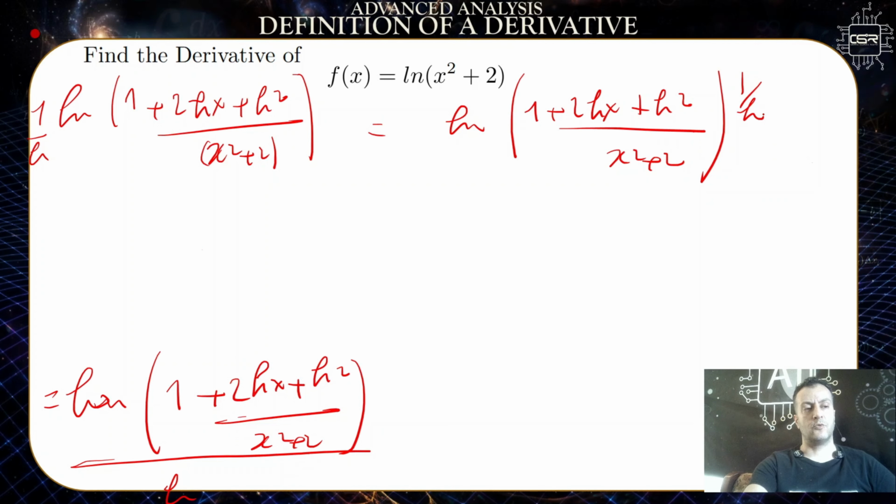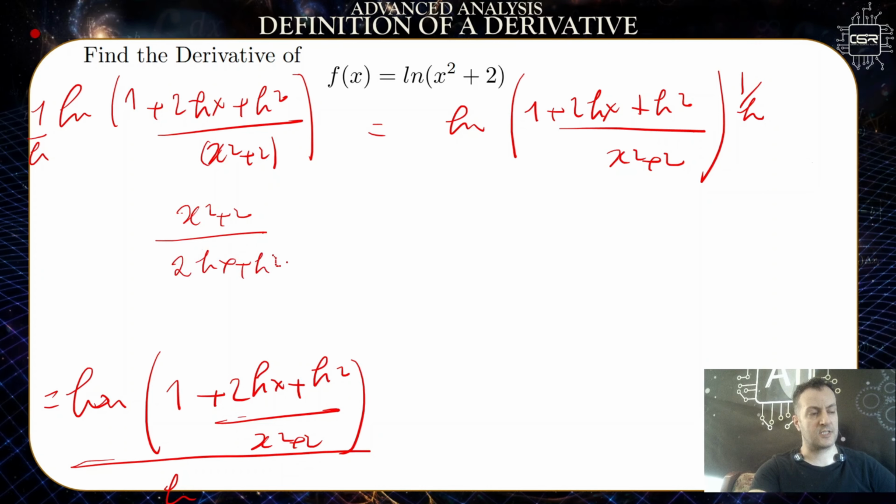Okay, we need to transform this 1 over h here into the inverse of this quantity. So 1 over h, we need to transform it into x squared plus 2 divided by 2hx plus h squared, right? So here's how we do it.